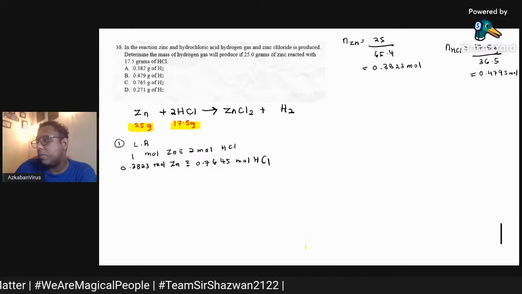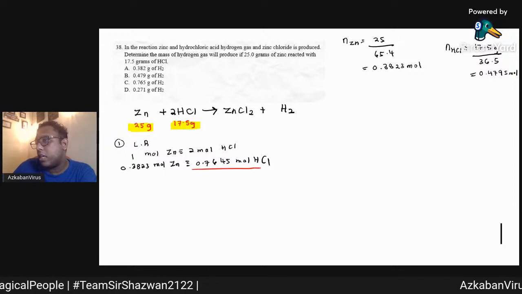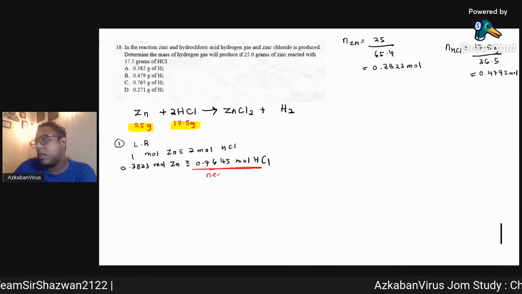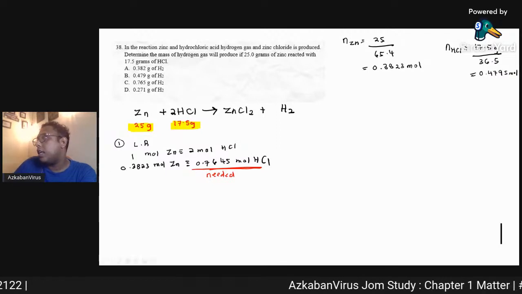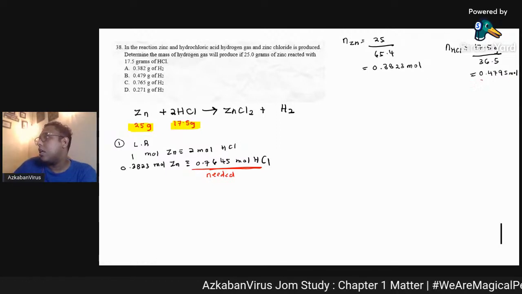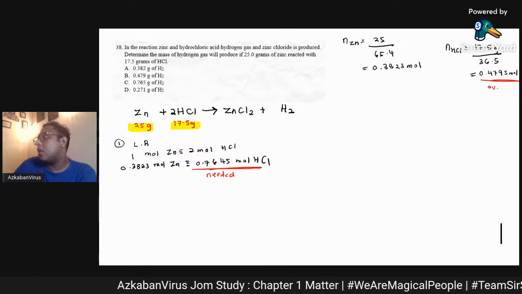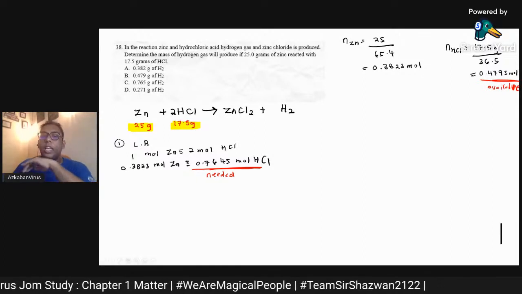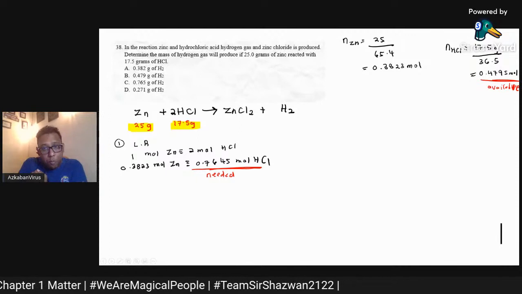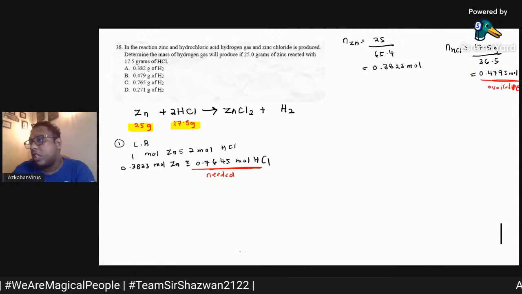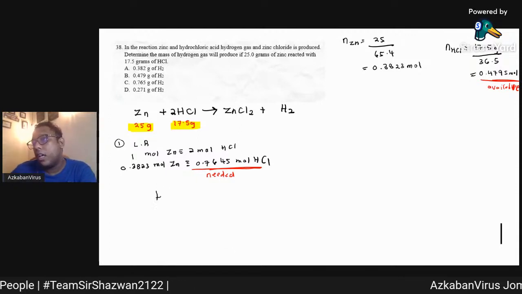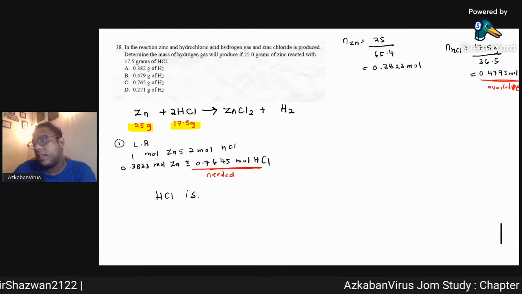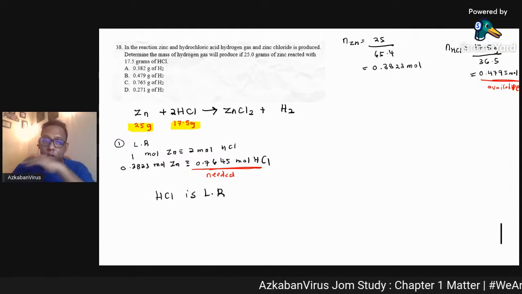So, kita perlukan sebanyak ini. Ini needed. Ini yang kita ada. So bila yang kita nak tu tak cukup daripada yang kita ada, so kita boleh conclude bahawa HCl is limiting reactant.